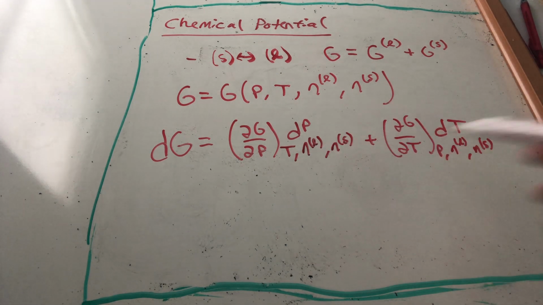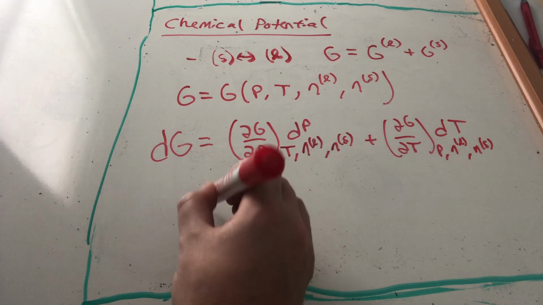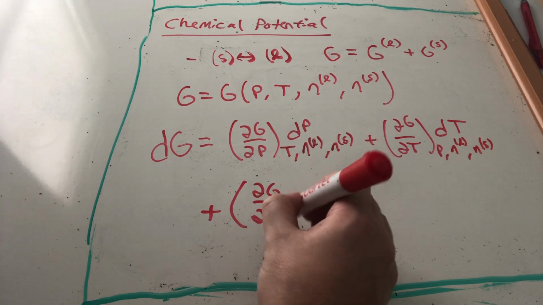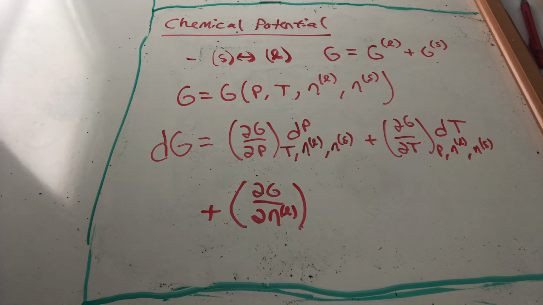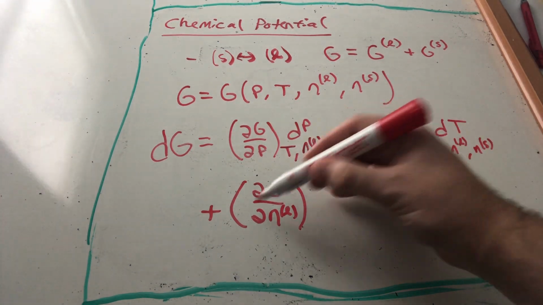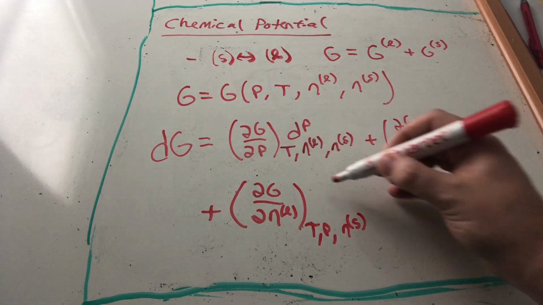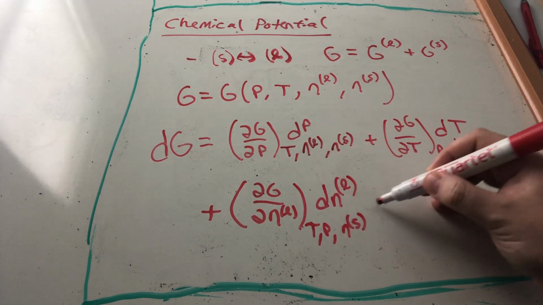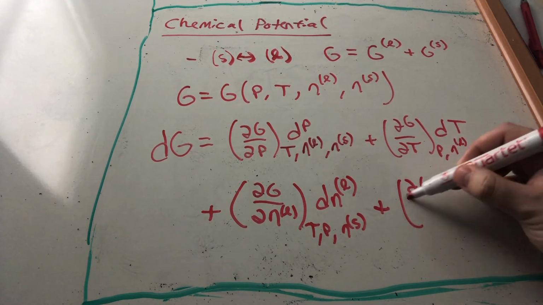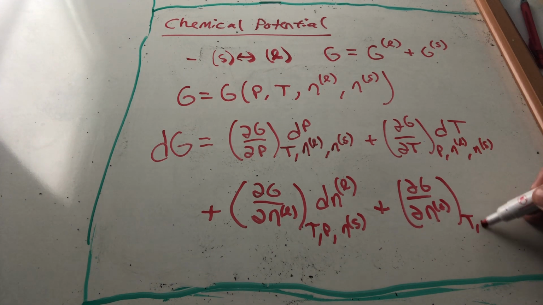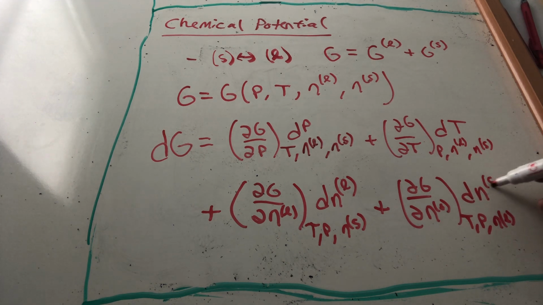We didn't include those N's before because N was just set and assumed to be constant. But now our dG is also going to have a plus partial G, partial N liquid, at a constant T, P, and N solid, dN liquid, plus partial G, partial N solid, at constant T, P, and N liquid, dN solid.